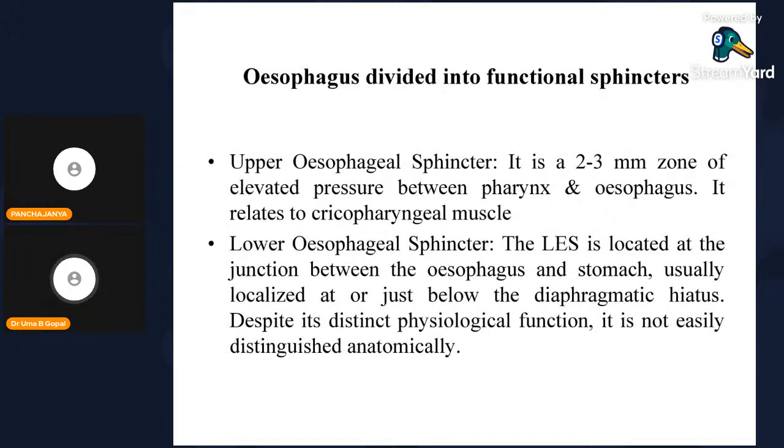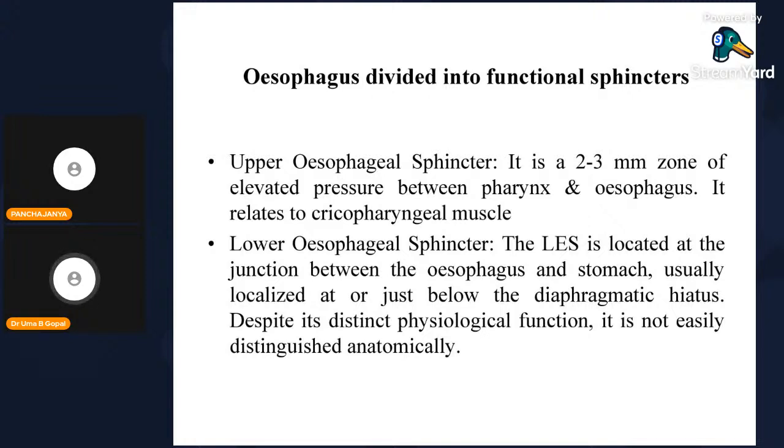The esophagus is divided into functional sphincters. There are two sphincters, the upper esophageal sphincter and the lower esophageal sphincter. The upper is a 2 to 3 mm zone of elevated pressure between the pharynx and esophagus, where you can see a sphincter. It relates to the cricopharyngeal muscle anatomically. The lower esophageal sphincter is located at the junction between esophagus and stomach, usually at or just below the diaphragmatic hiatus.